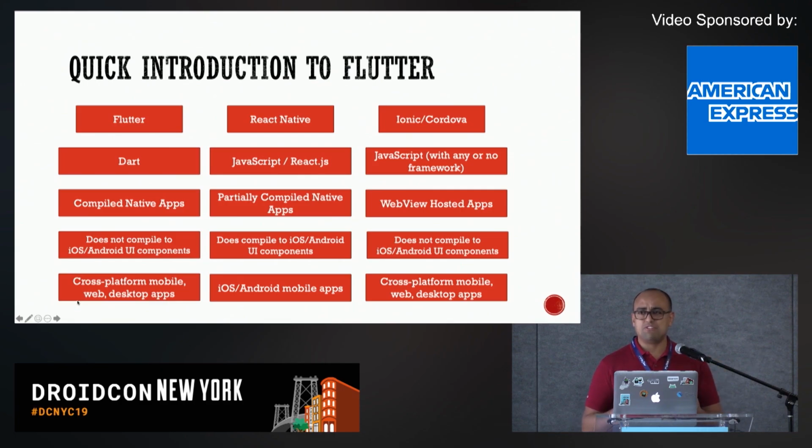This can cause some overhead in the application performance. So Flutter really doesn't have this restriction. Cordova is like a web application that works inside the web view, so it really doesn't give you any compiled native application capability.